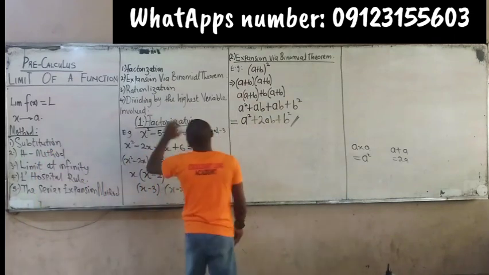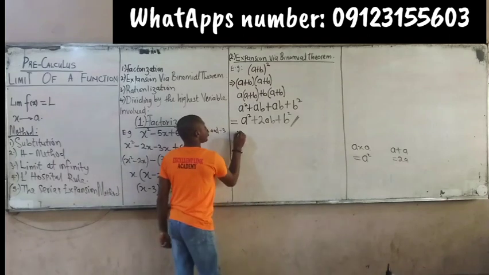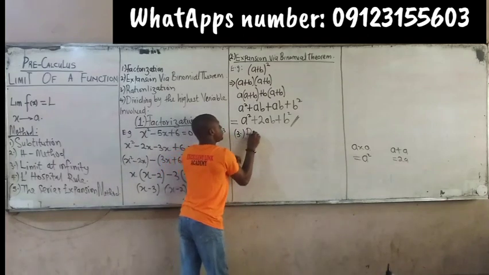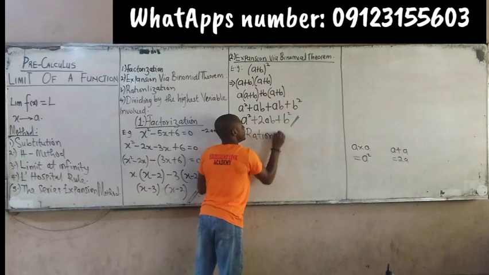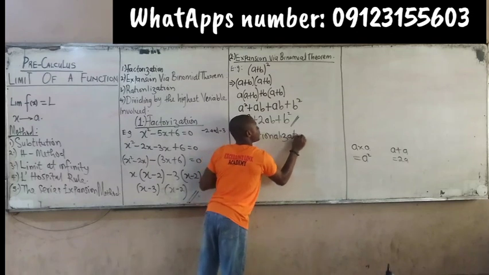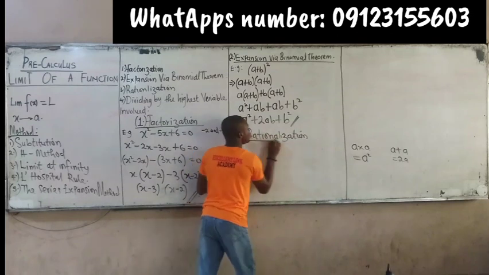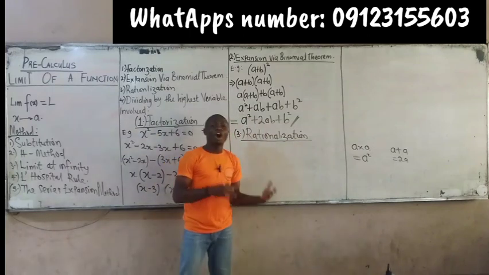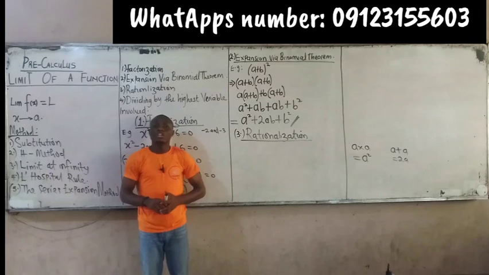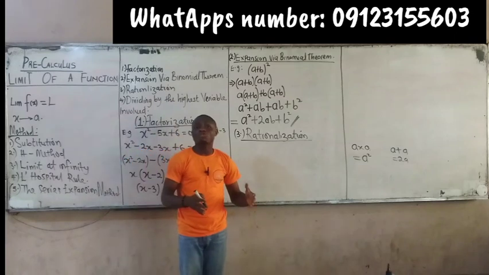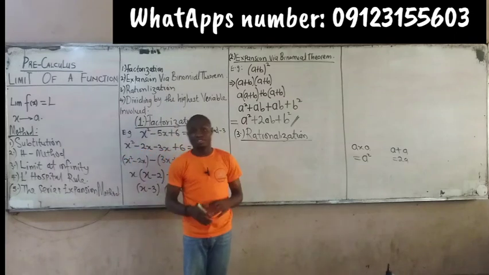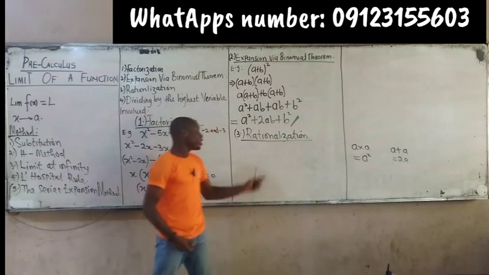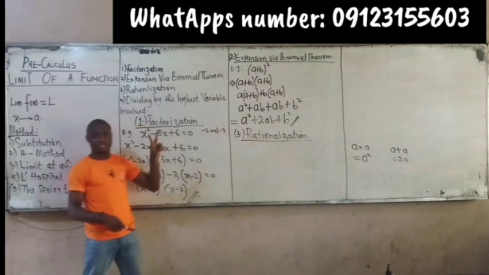Next up, let's move to the third term called rationalization. When it comes to rationalization, it's a technique under surds, right? Which is applied when you are dividing two surds, right? So for this concept, we discuss two cases.